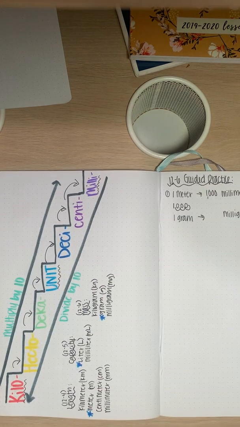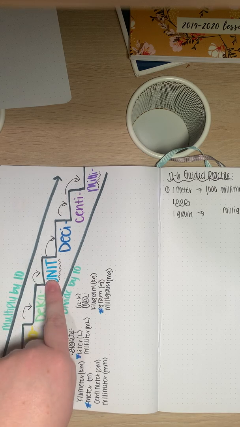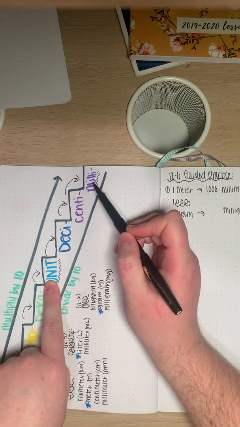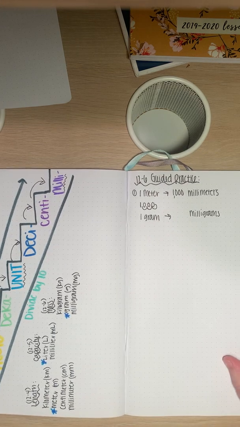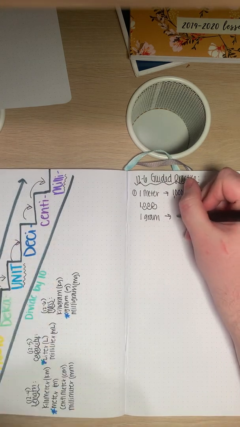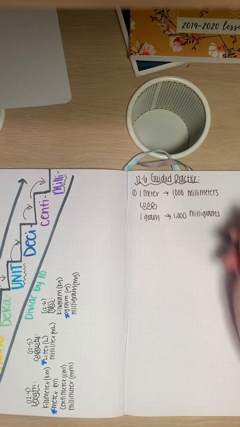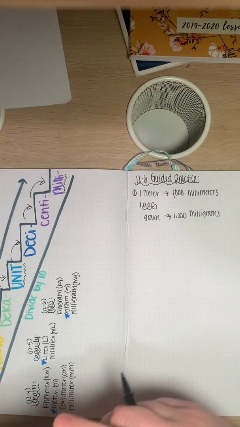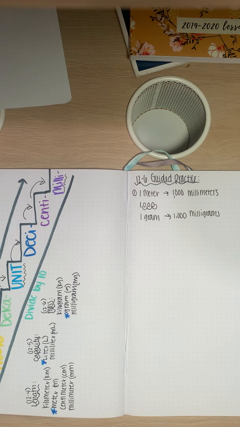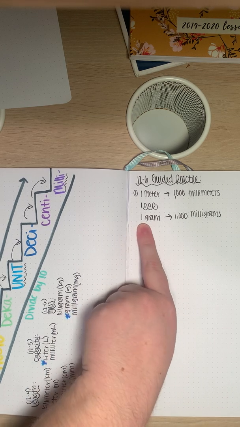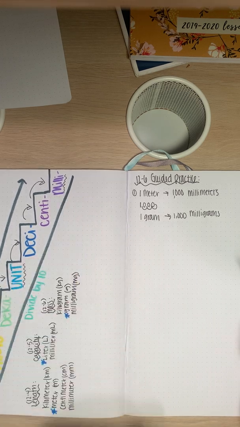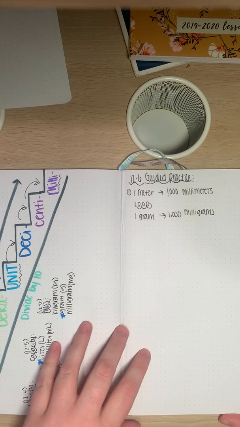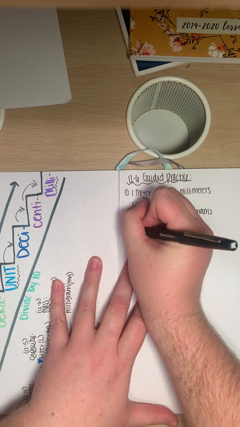So if we know that our base unit is right here, and we're going to have to move our decimal 3 times to get to milligrams, we should already know, without having to use our stairs, that 1 gram is going to give us 1,000 milligrams. So there's our relationship, right? Anytime we have 1 in our base, and we're trying to get to milli, it's always going to be 1 to 1,000. Okay? So that is our relationship.